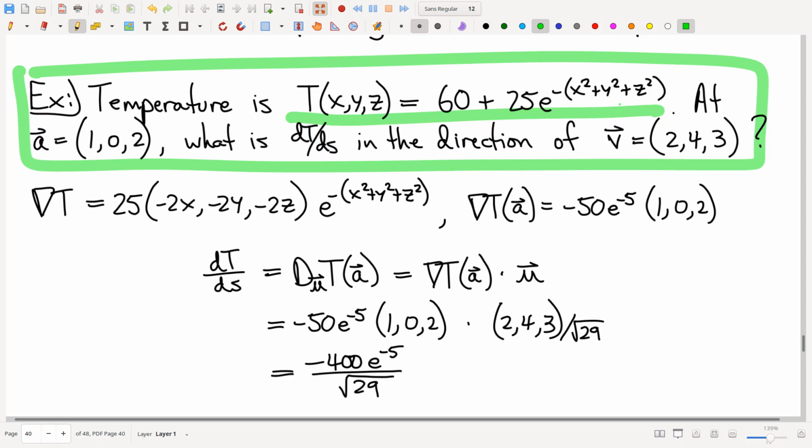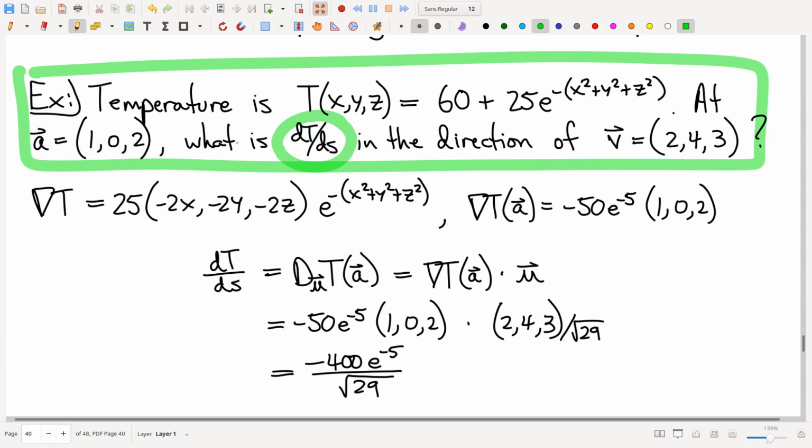And the question here says, how fast is my temperature increasing per unit distance traveled if I'm going in the direction of this vector 2, 4, 3? So I'm at a certain spot and I'm moving in a certain direction, and for every foot that I go in that direction, how much does the temperature change?